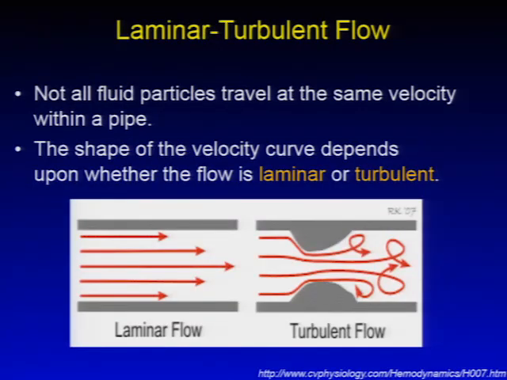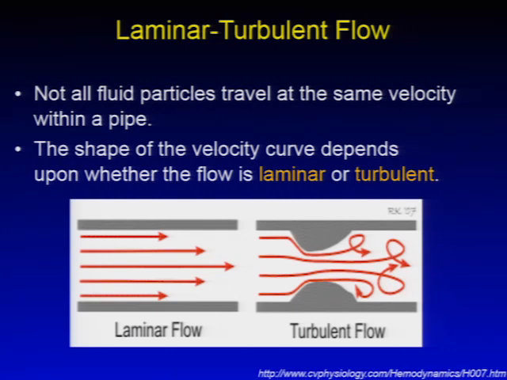Well, because we have two kinds of flows: a laminar flow and a turbulent flow. Not all fluid particles travel at the same velocity within the pipe. The shape of the velocity curve depends upon whether the flow is laminar or turbulent.